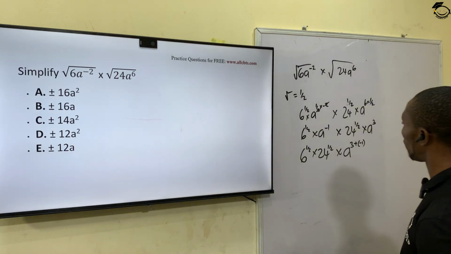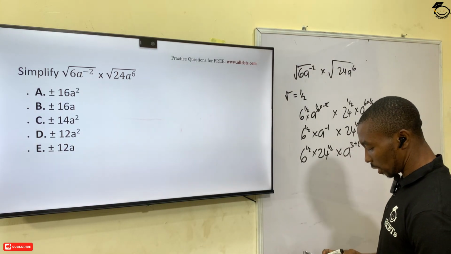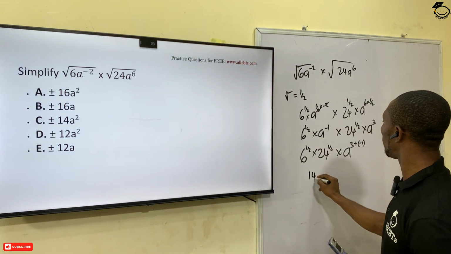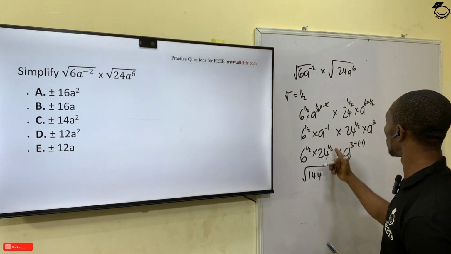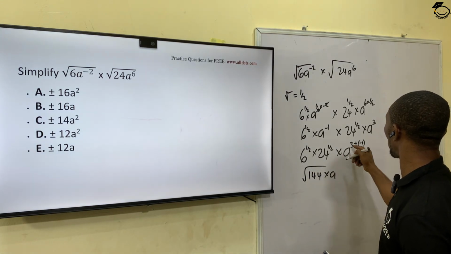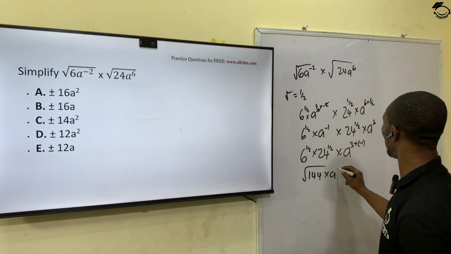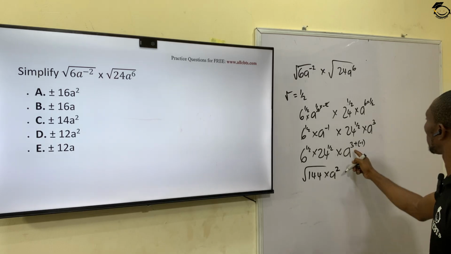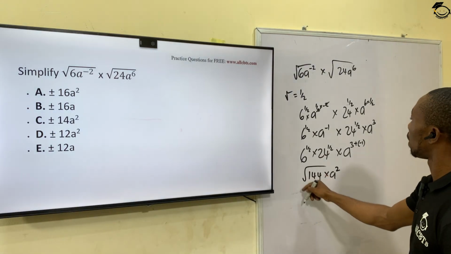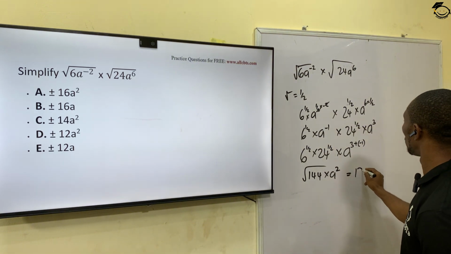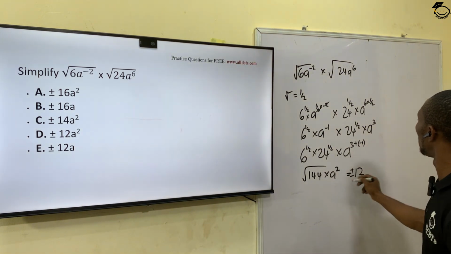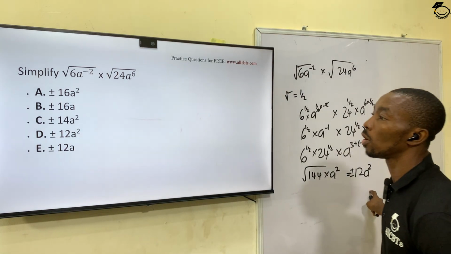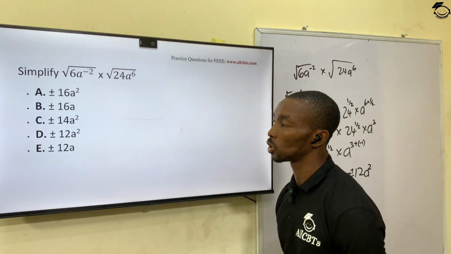That should be 144. 6 times 24, that's 144. 144 square root times a raised to power 3 minus 1 will give us 2. So our root 144 will give us plus or minus 12 a squared. So our answer will become plus or minus 12 a squared, which is our option D.